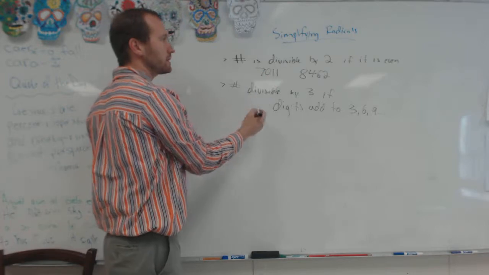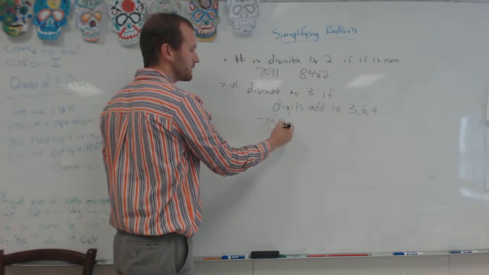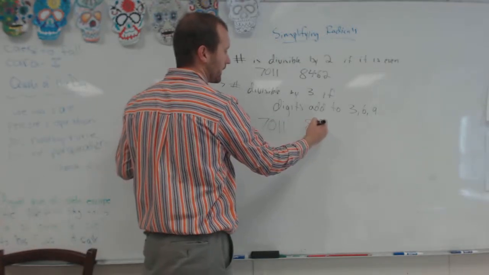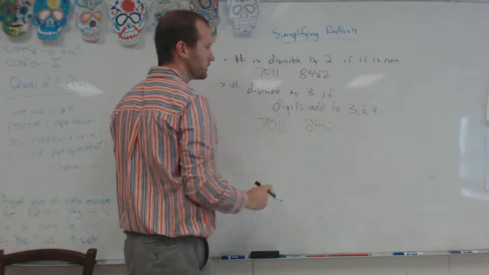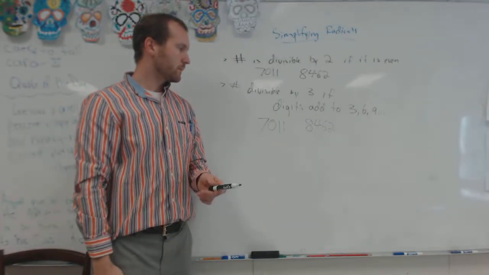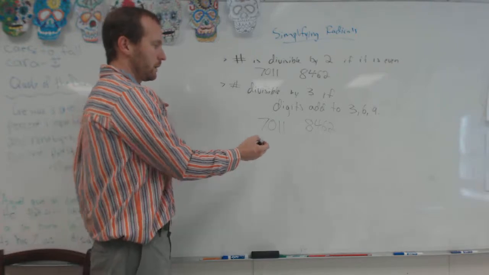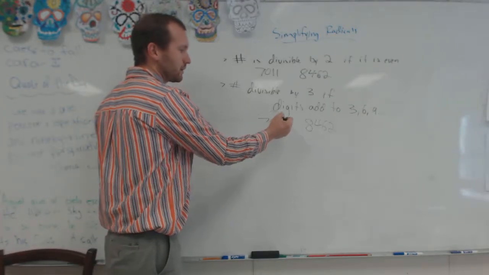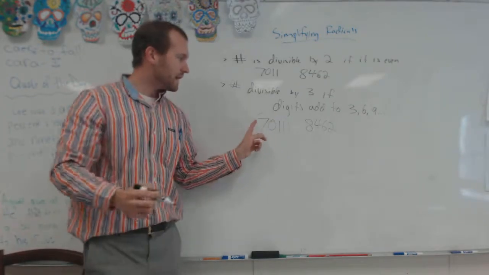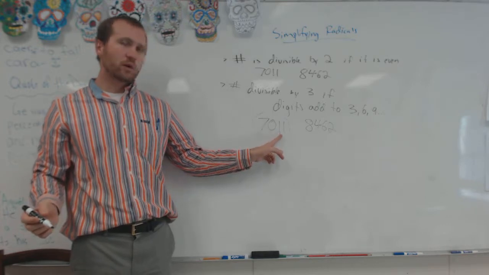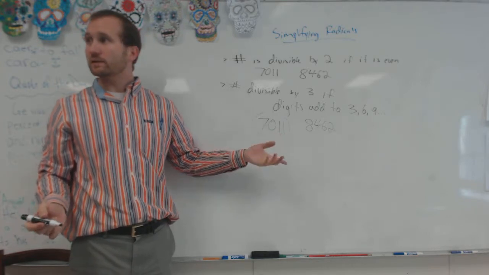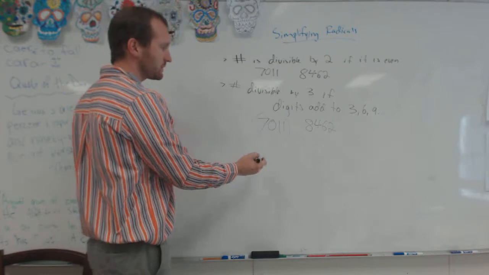So if we look at these two numbers, 7,011 and 8,462, I know right away that this one, because it adds up 7 plus 0 plus 1 plus 1 equals 9, I know that's going to be divisible by 3.